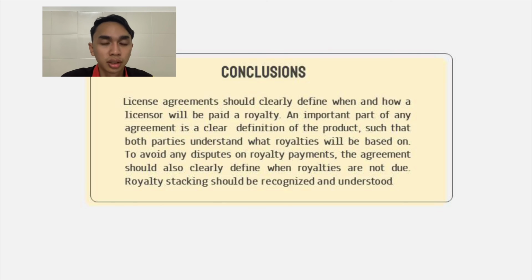It is important for both parties, the licensor and the licensee, to understand this royalty and this license agreement very well. It is because we need to avoid problems that may occur in the future. So, in order to avoid problems, we need to study and understand these royalty records very well.